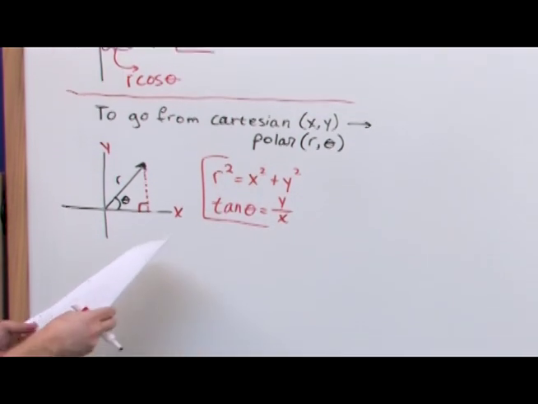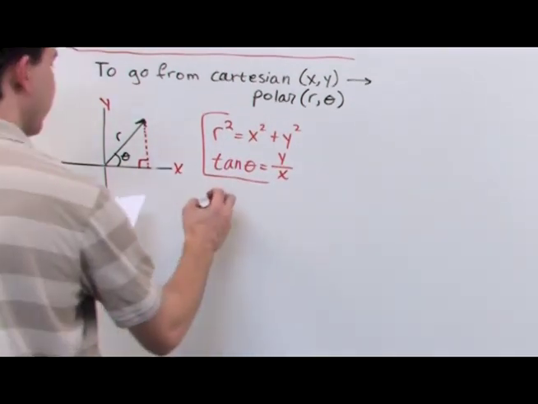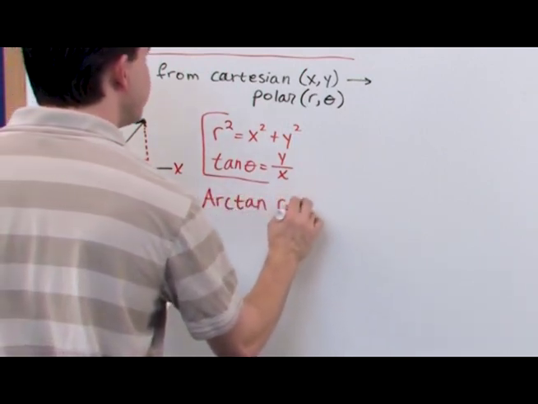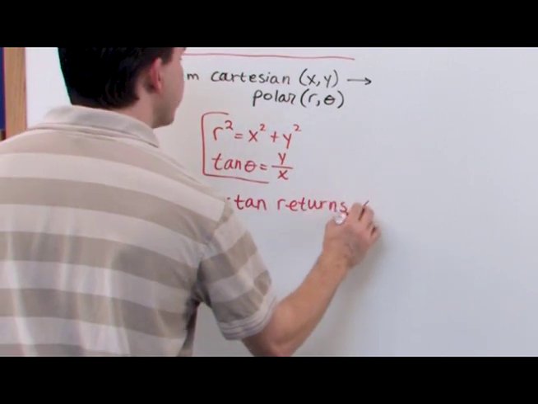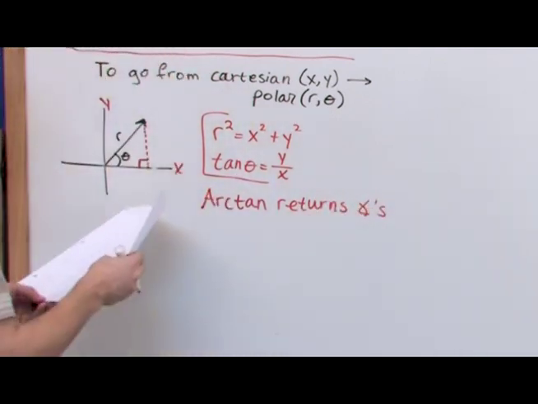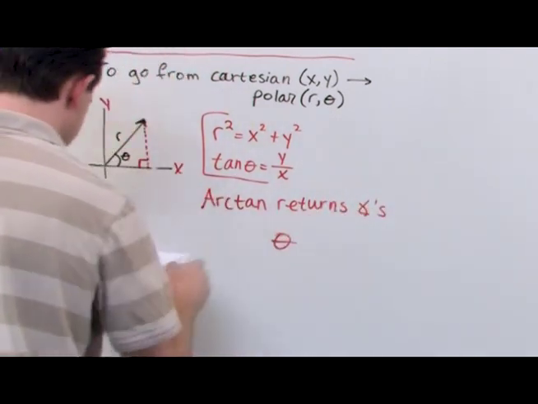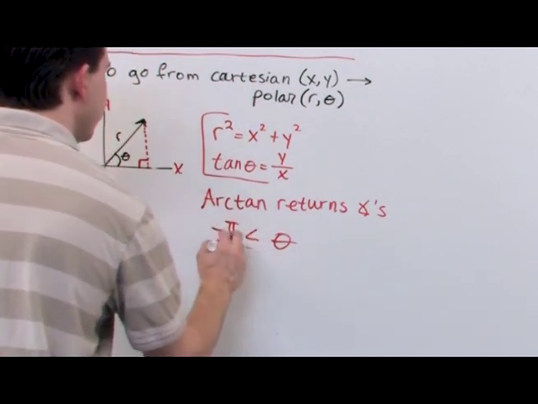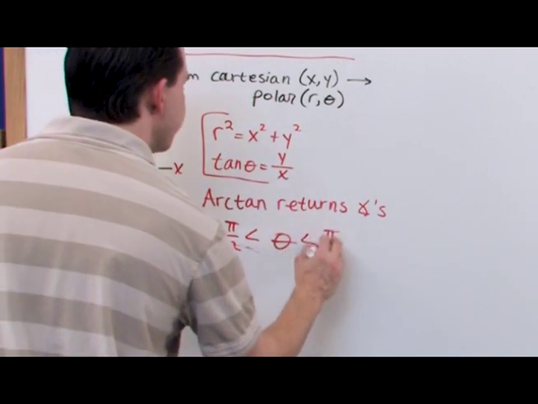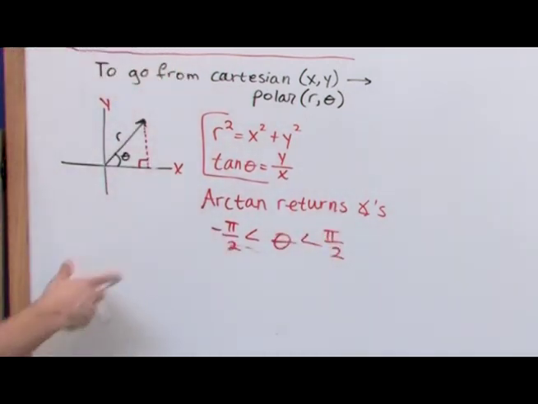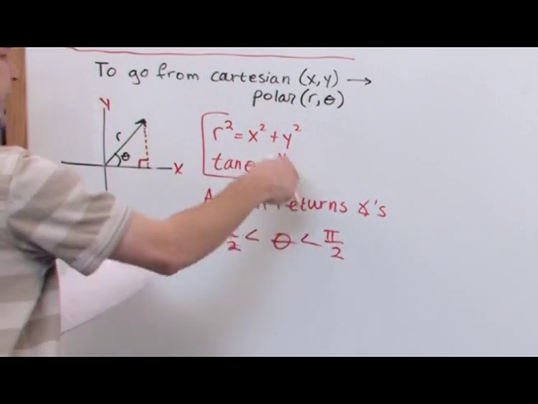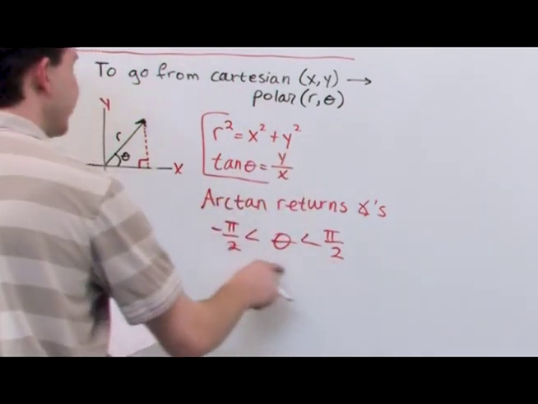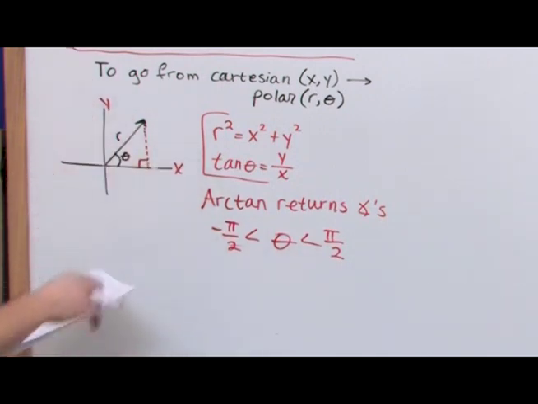Well, arctangent only returns angles in the following range: theta from negative pi over 2 to pi over 2. So if you go to your calculator and put in any ratio of numbers and take the arctangent, it's only going to return values in this range, even if the angle actually lies in another quadrant.